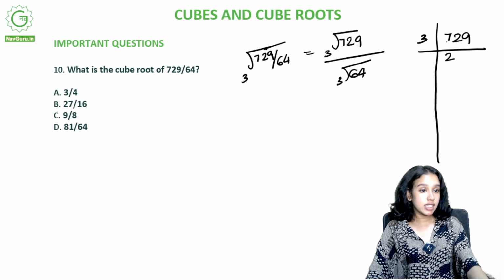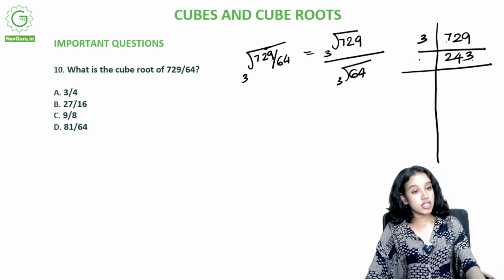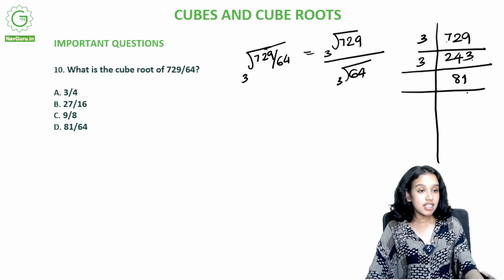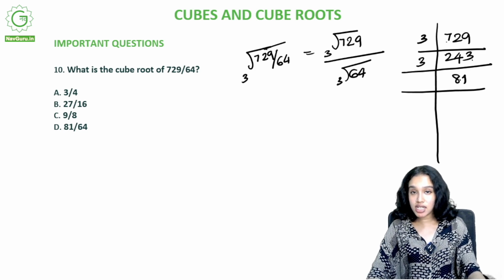So 2 3s is 6, 1, 2, 4 3s are 12 and 3 3s are 9. Now, is this divisible by 3? Yes, it is, because 4 plus 3 is 7 and 7 plus 2 is 9. So 3, 8 3s are 24 and 1. Is this divisible by 3? Yes, it is, because 8 plus 1 is 9.